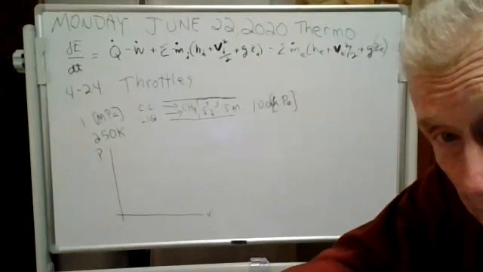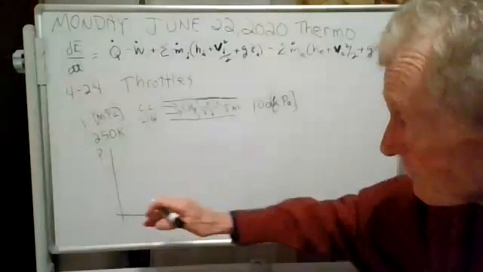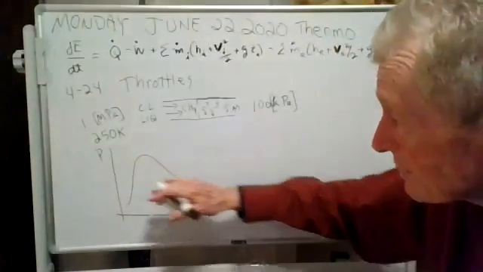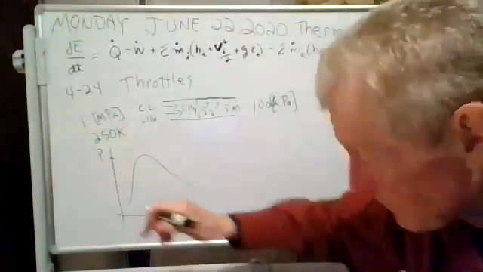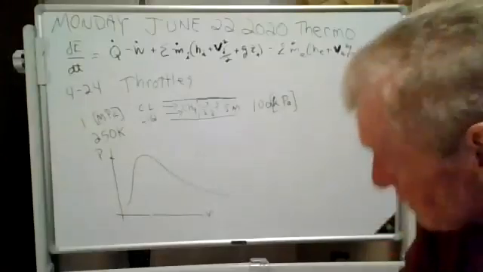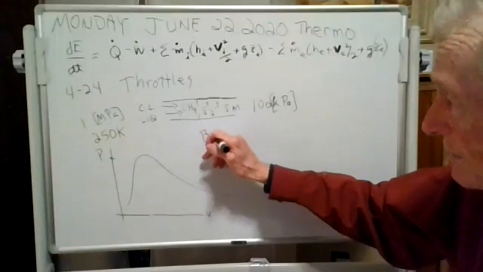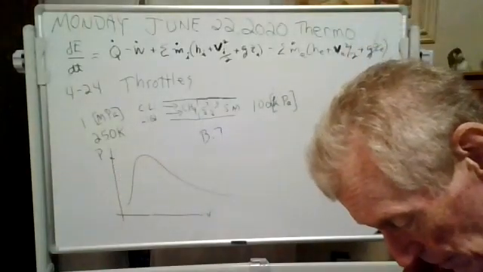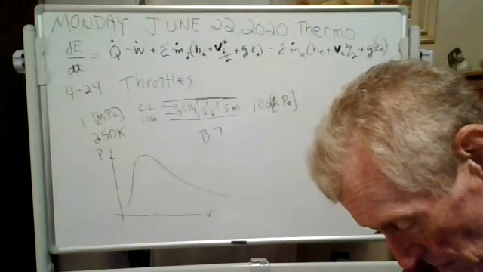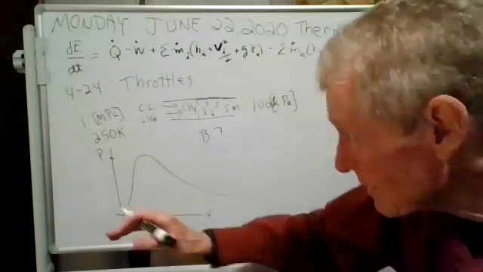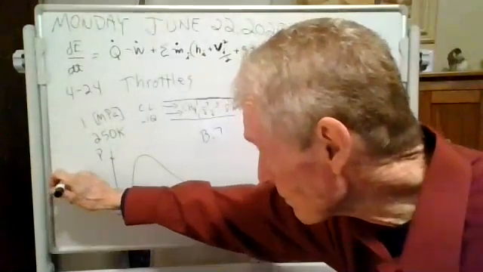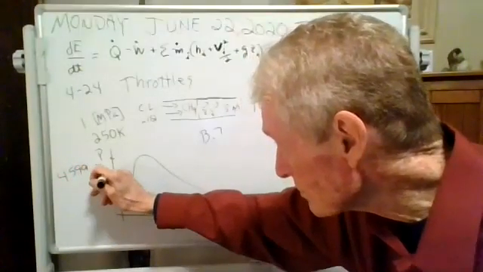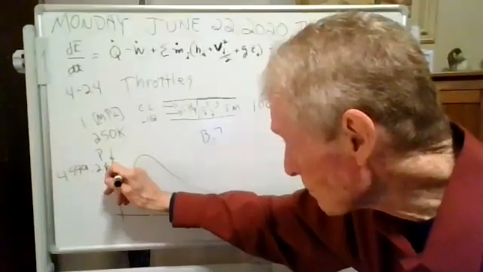So let me draw the PV diagram. Now it helps me to know where the top of this vapor dome is. I'm on table B.7, and this pressure at the very top is 4599.2 kilopascals.